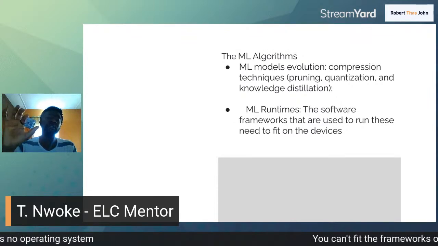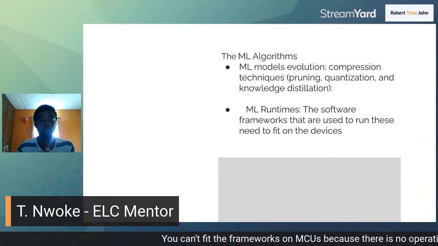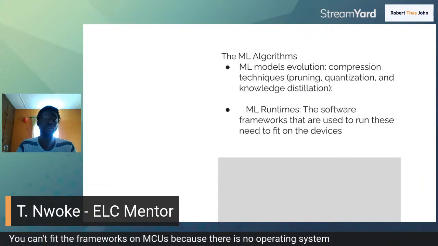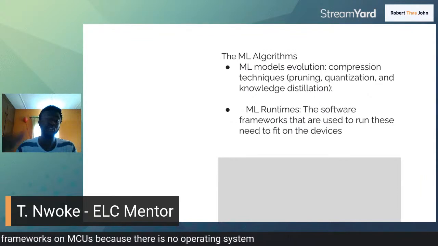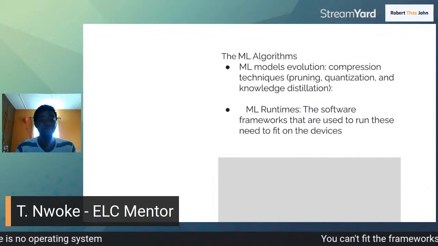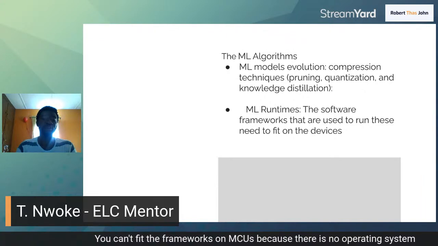Those are some of the approaches we take in trying to fit these models on these devices and make the solution work for us. It's a bit of a trade-off everywhere, but the solution is always optimal because you can't have it all.